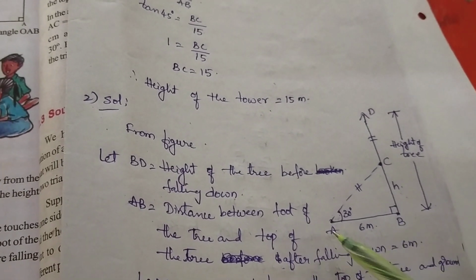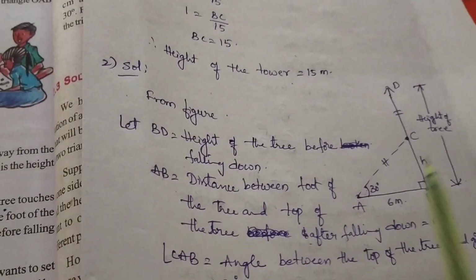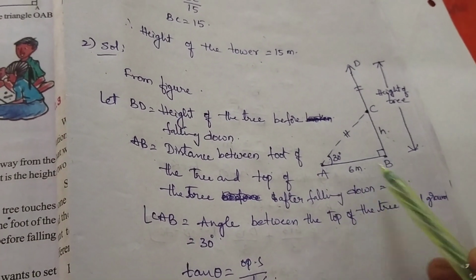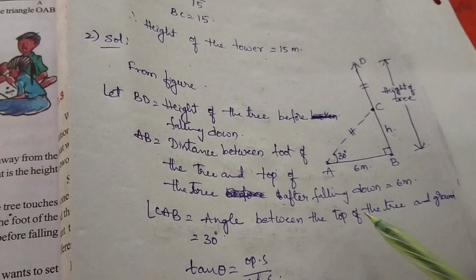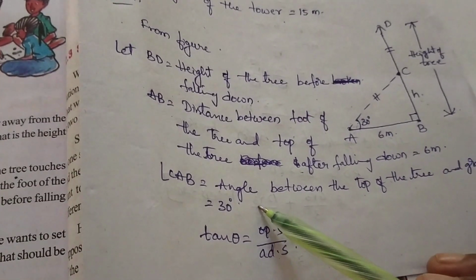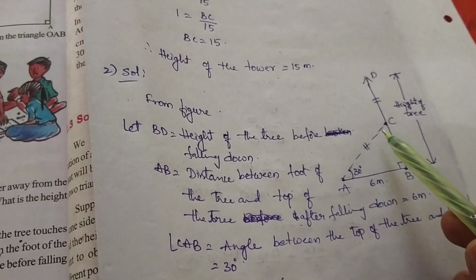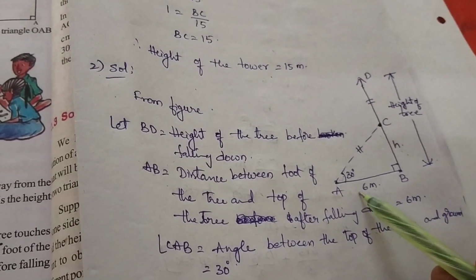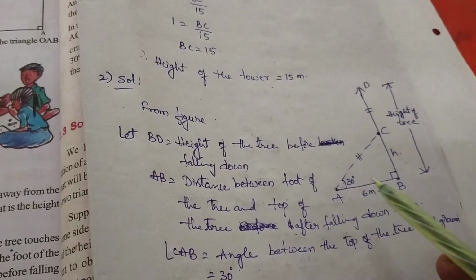And next, they have given angle CAB, the angle between the top of the tree and the ground, as 30 degrees. So to calculate BC, that is the opposite side to 30 degrees, and the given part is the adjacent side to 30 degrees.